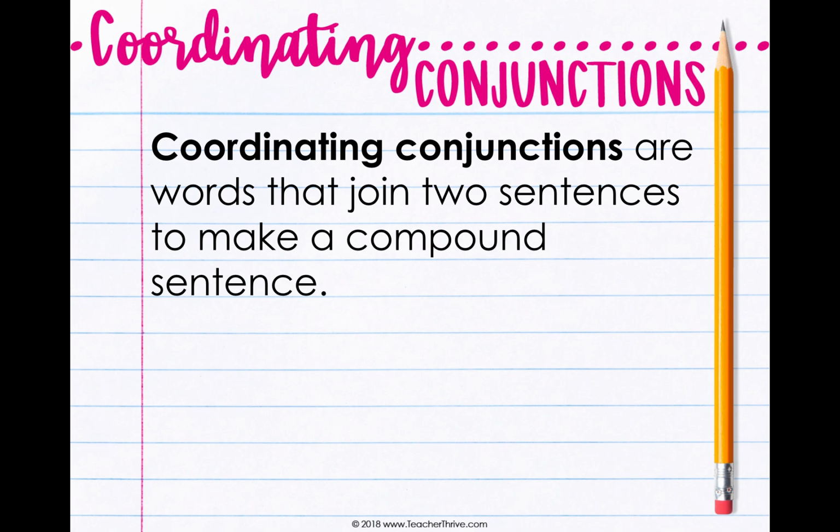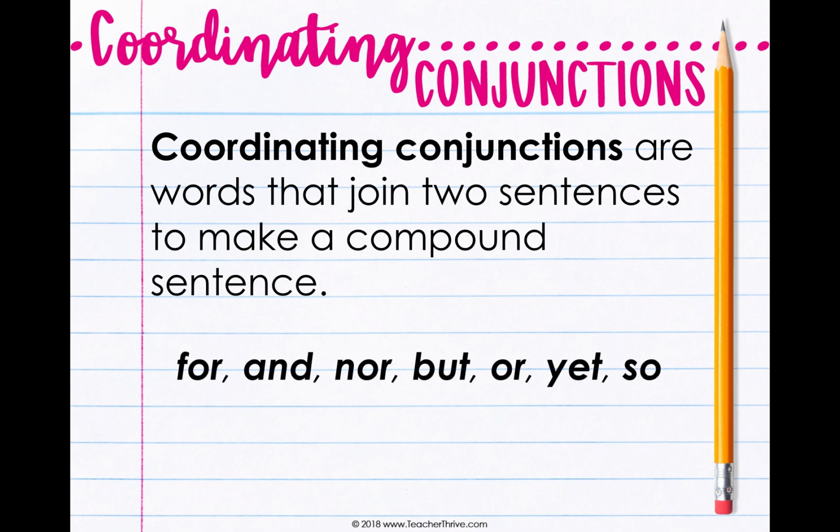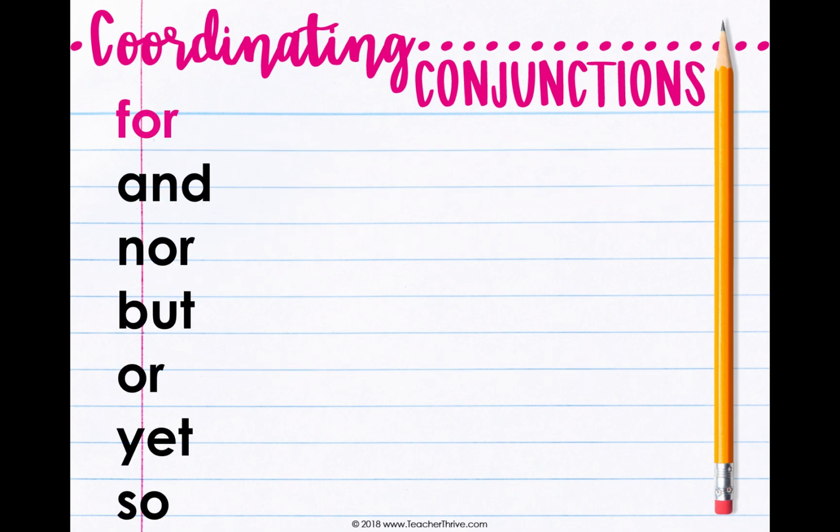Coordinating conjunctions are words that join two sentences to make a compound sentence. Compound meaning two. These are the coordinating conjunctions. I'm sure you've seen these words before, and now you know that they are coordinating conjunctions. For, and, nor, but, or, yet, and so. We have the acronym FANBOYS.